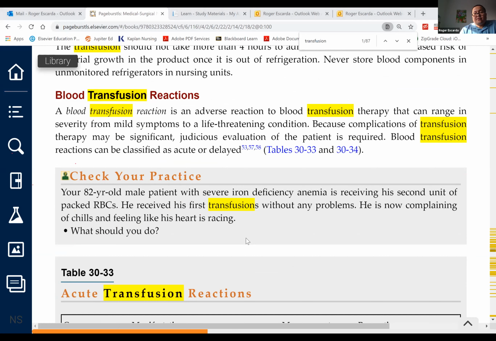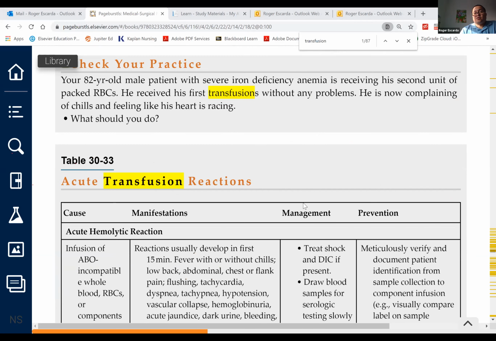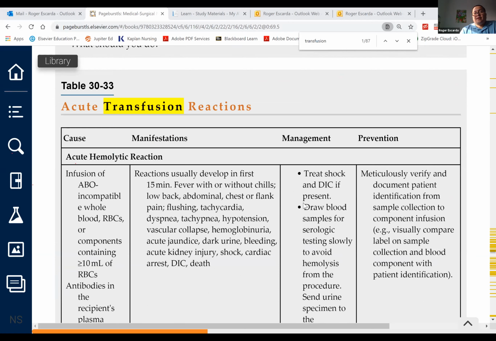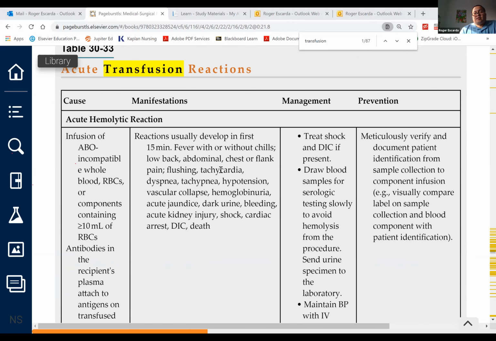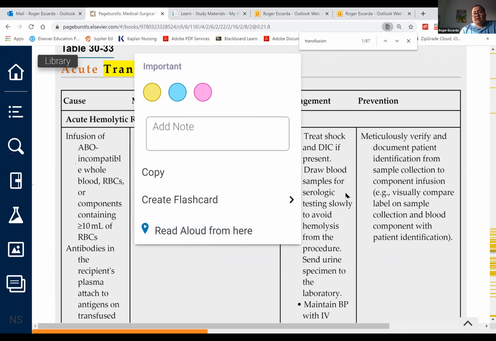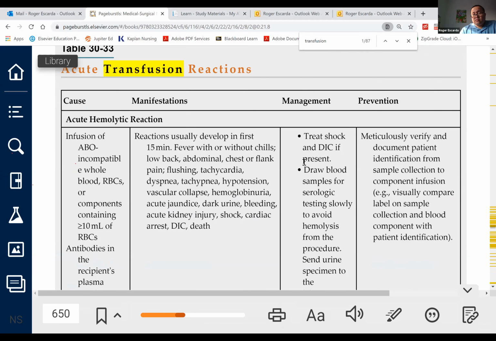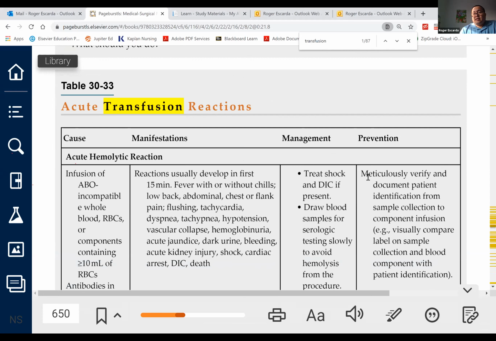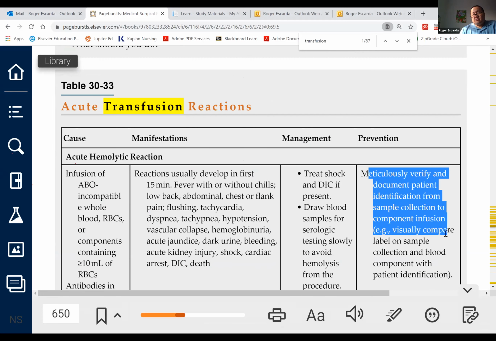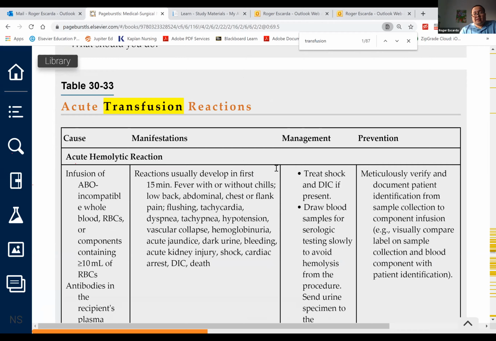I don't know which one Dr. Grant will test you on. So they're all listed here. All of it, you'll have to read, because you need to recognize, number one, what is happening, and then you have to know what to do, and then prevention. Okay, so that will cover everything.